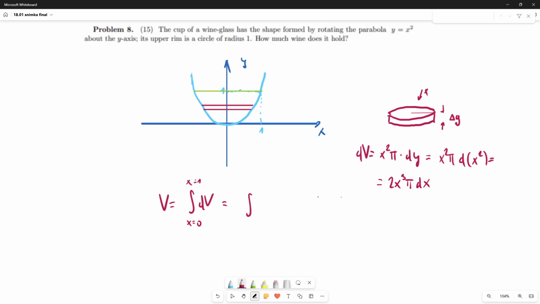That is the integral of 2 times x to the power of 3 times pi times dx from 0 to 1. We place 2 pi in front of the integral. We integrate x to the power of 3 dx, and we obtain 2 pi over 4 times x to the power of 4, where the bounds are 0 and 1, which is equal to pi over 2.